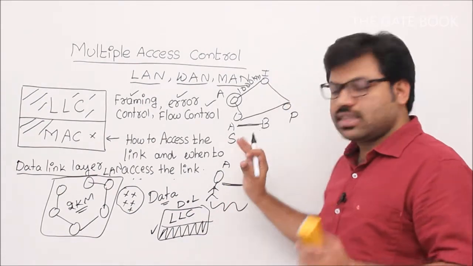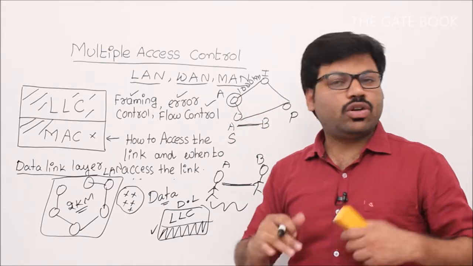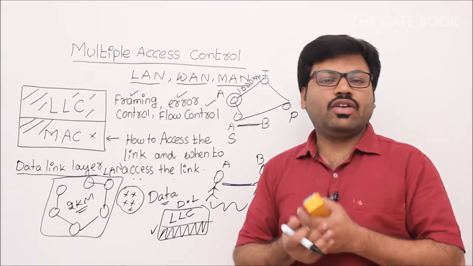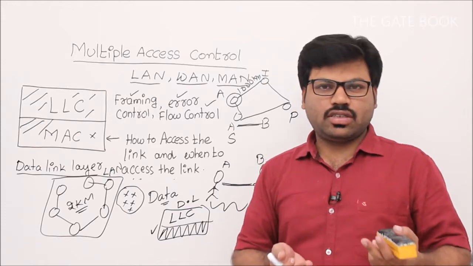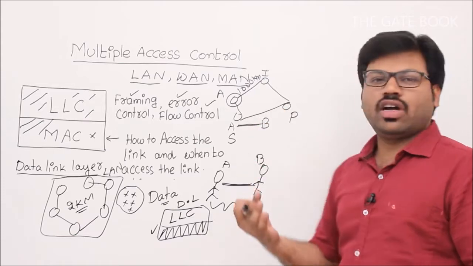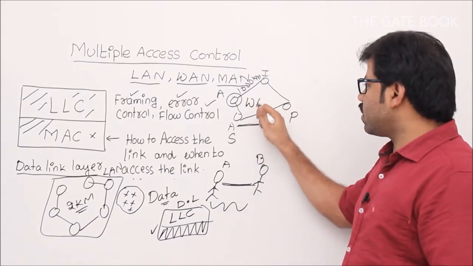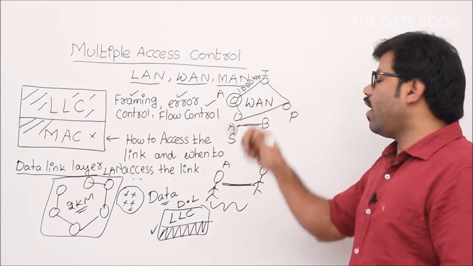Now we are just classifying. When you have such computing devices that are 1000 or 2000 kilometers apart, then whatever protocols or architecture you use to connect them, such networks are called wide area networks.